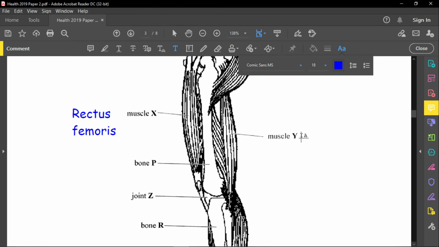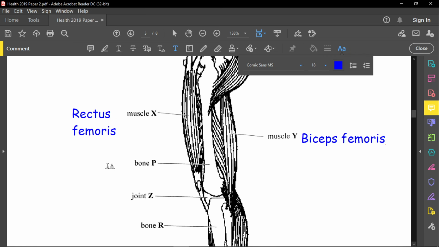And the one at the back here is called the biceps femoris. Again, you do not need to remember these two muscles at all for your BJC exam.